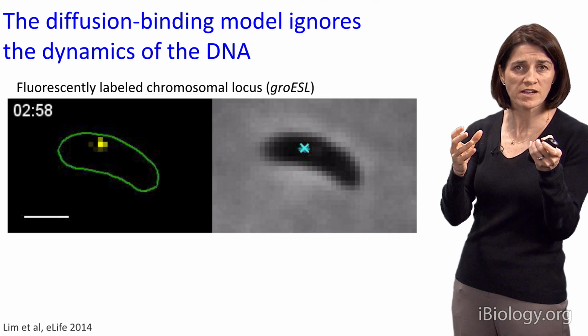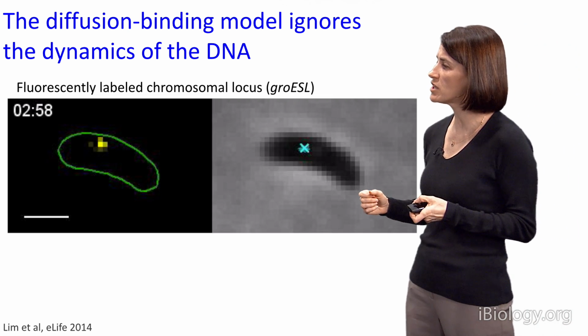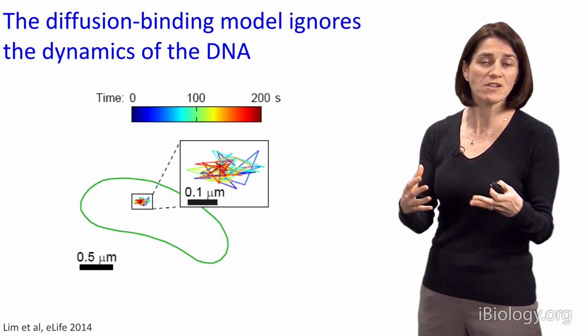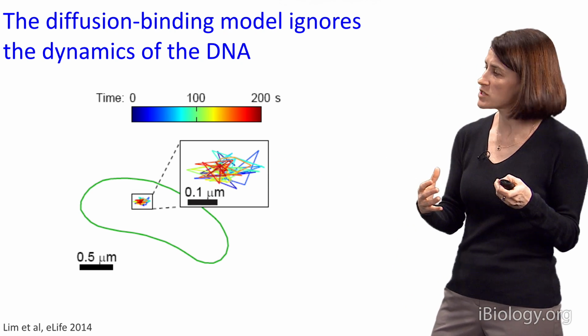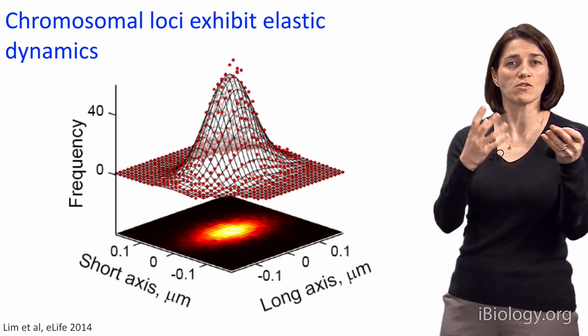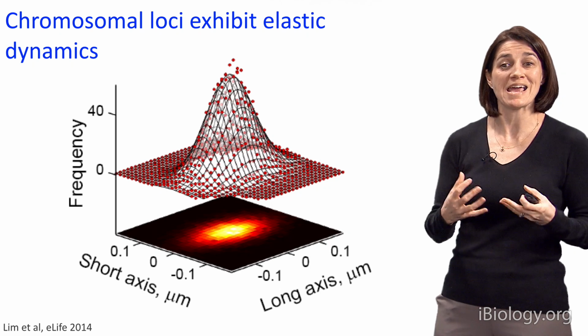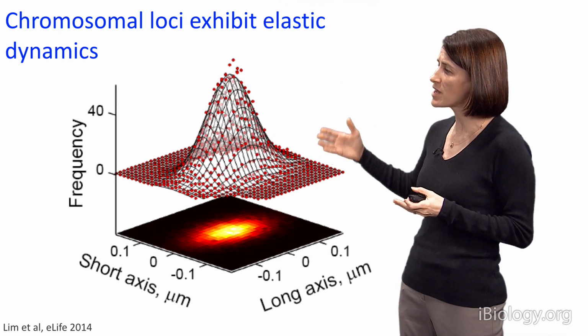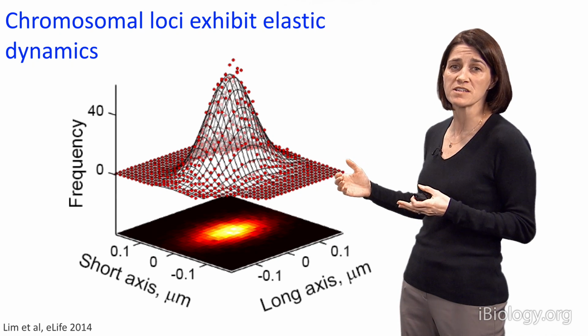You can quantify this motion, so you can obtain trajectories, and you can analyze those trajectories, which is what we've done here. And we found that the chromosomal loci, so the chromosome, display elastic dynamics. And this is shown here because we see this harmonic potential that implies elastic dynamics.